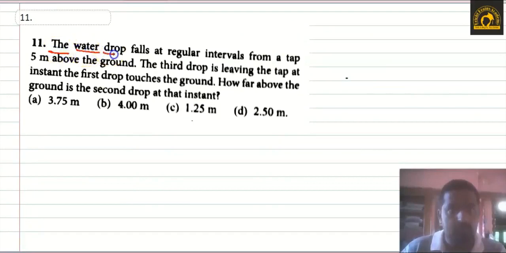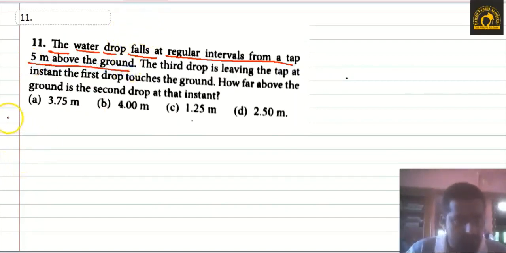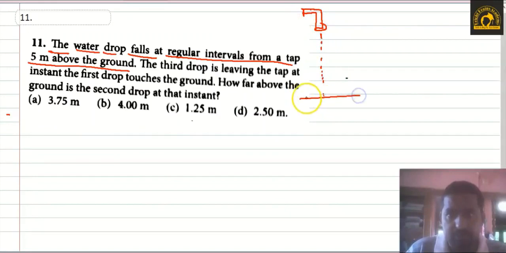The water drop falls at regular intervals from a tap 5 meter above the ground. So let's see the solution. This is the tap, and it is 5 meter from the ground.